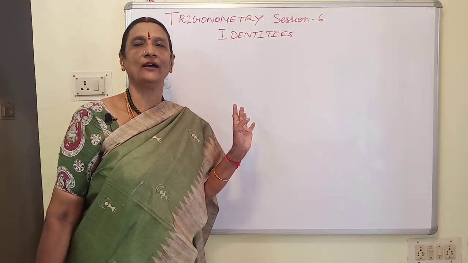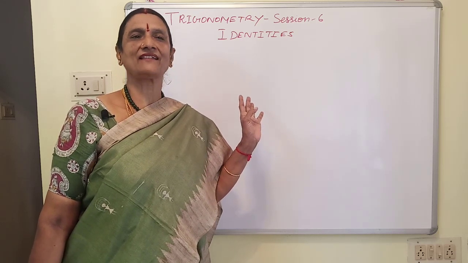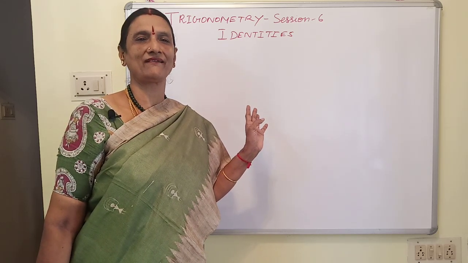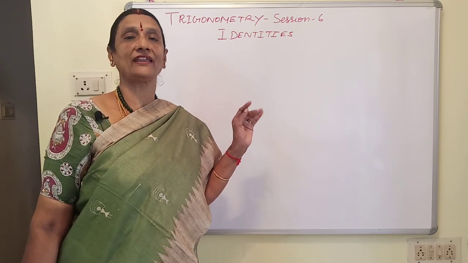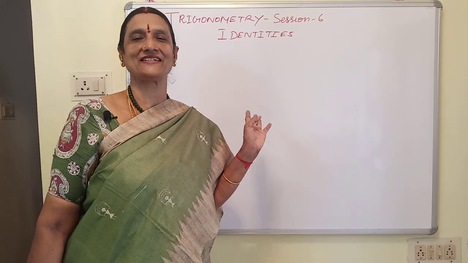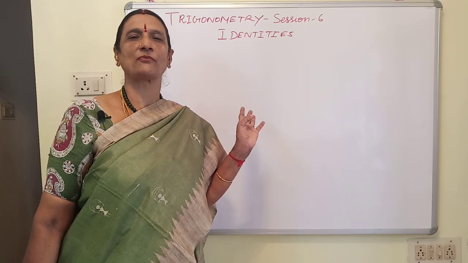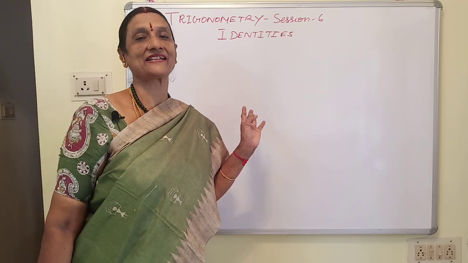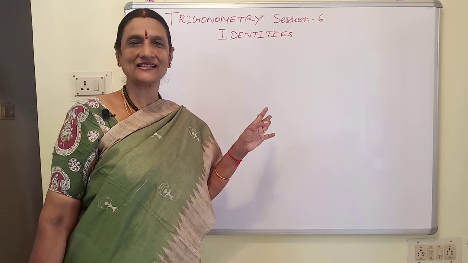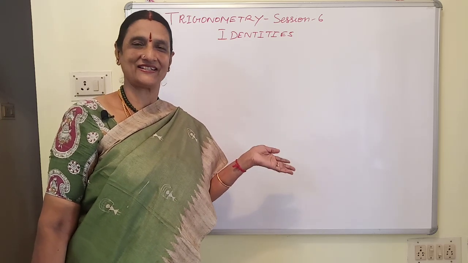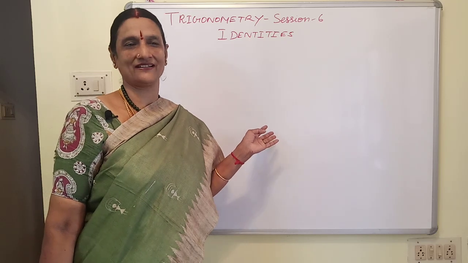Okay. Now, let us see the basic three identities of trigonometry in this session. See, in trigonometry, we can derive a number of identities. So that is given as proving sums in the exercises. In order to prove those results, which are also identities, the fundamental three identities are very, very important.